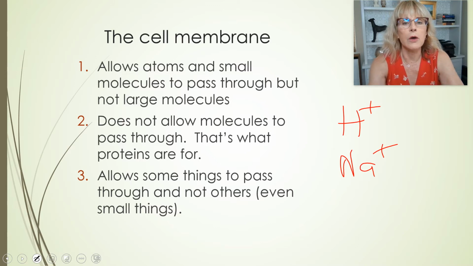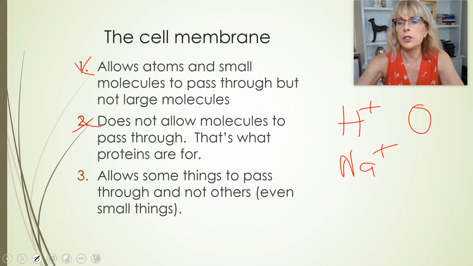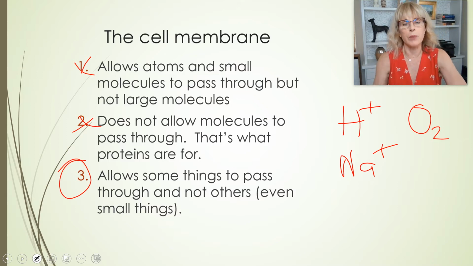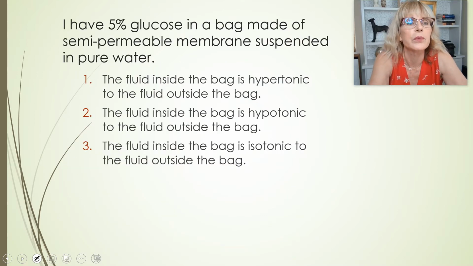It does not allow molecules to pass through. That's what proteins are for. Well, that's not true because oxygen can go right through it, right? It allows some things to pass through and not others, even some small things. That's the true one.